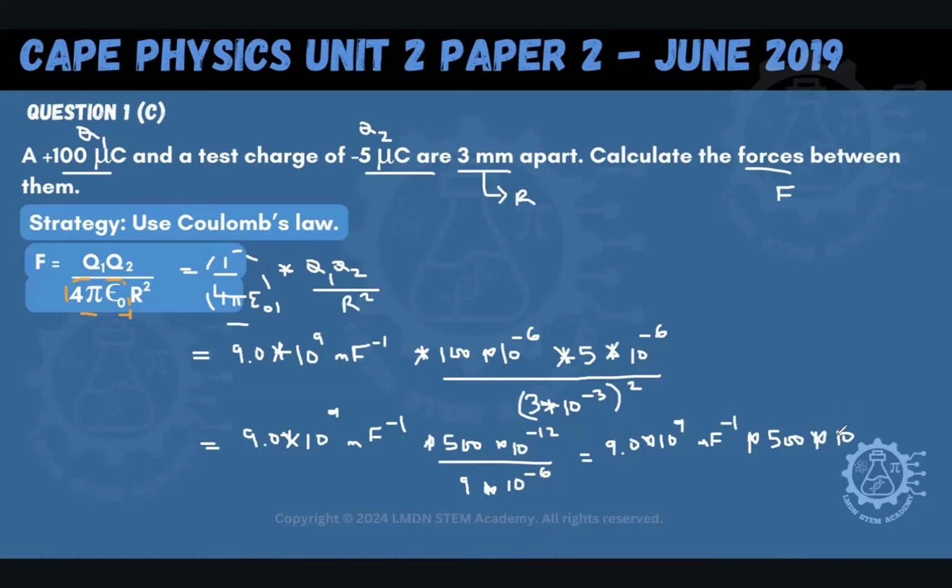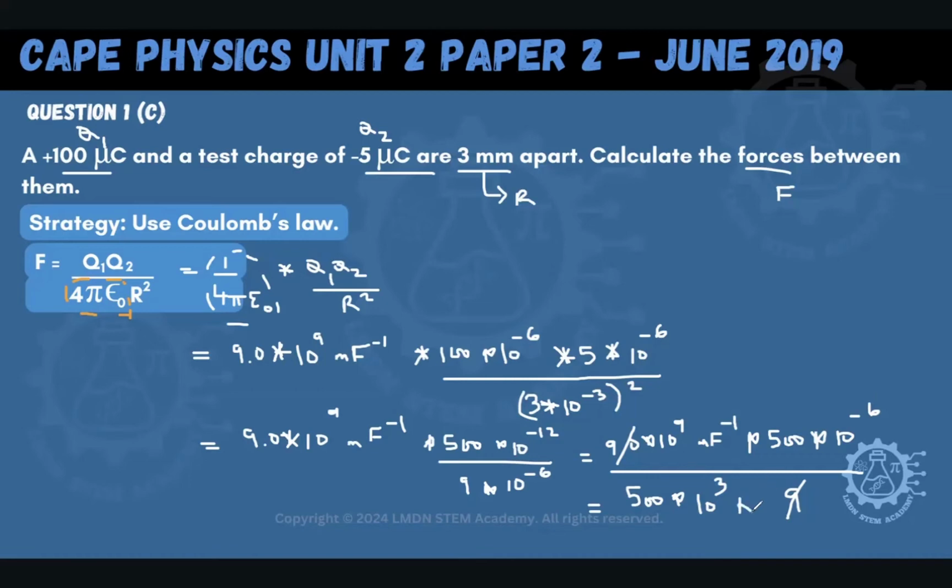And then, of course, I'll still have my 9 down at the bottom now. I can take that 9 and go with that. And so now up top, what do I have left? I have 500 times 10 to the 3, right? I have my 10 to the 9 and my 6. I add them together. So I'm going to get 9 minus 6, just 3.